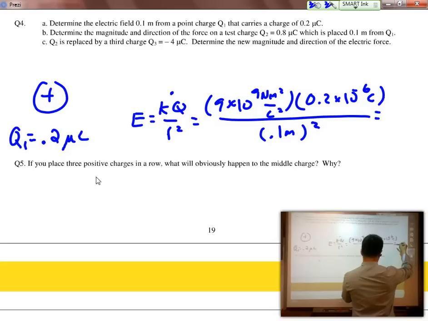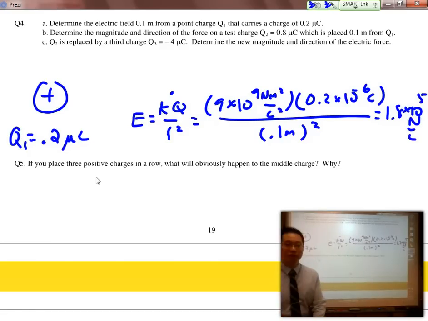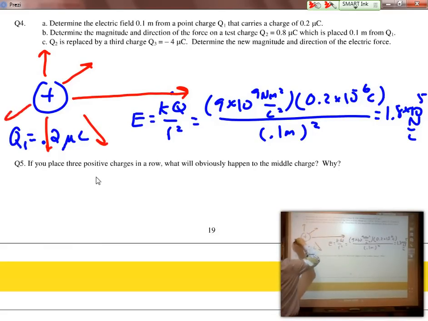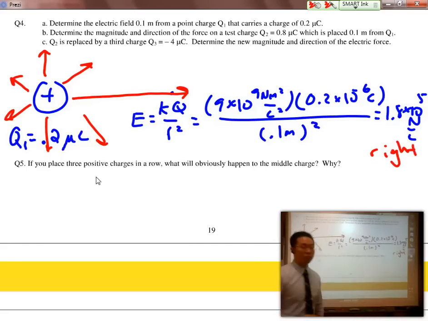You end up with 1.8 times 10 to the 5th newtons per coulomb. Now, because it is a positive point charge, we know electric field lines go out of positive. We know that the direction of this is going to be to the right. Okay, so 1.8 times 10 to the 5th newtons per coulomb.